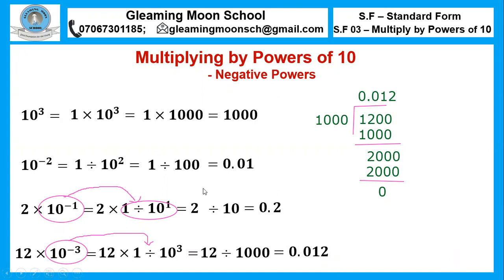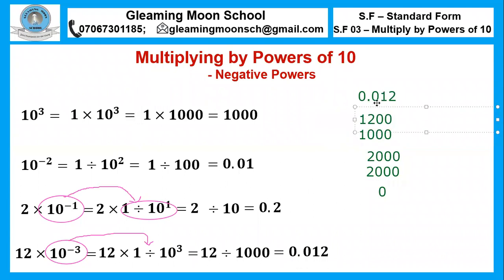Okay, so you can see how we divide by 10. This is the maths part, but I'm going to show you a trick by the time we look at the rule for this one. So you can see how we divide to work out when we multiply by a negative power of 10. Now, let us see what rule that brings us to.